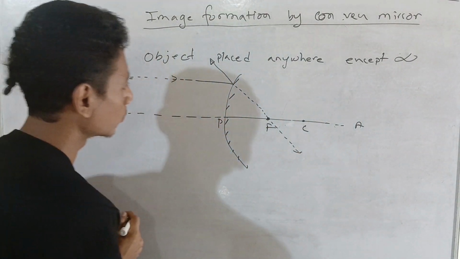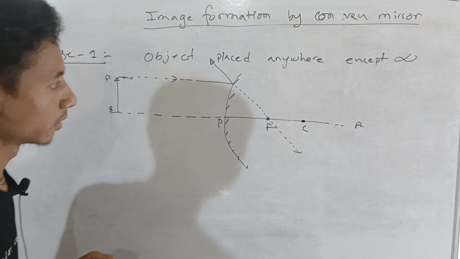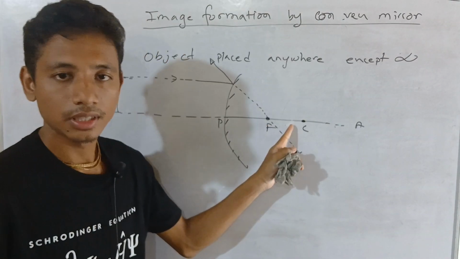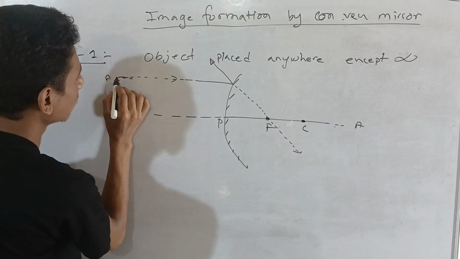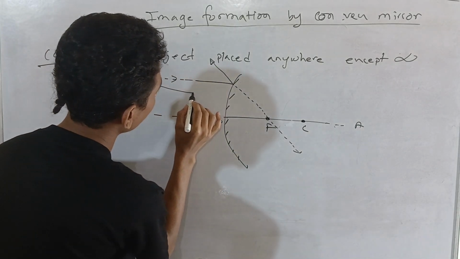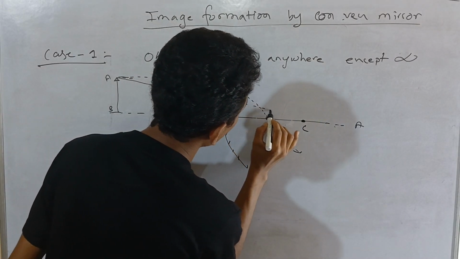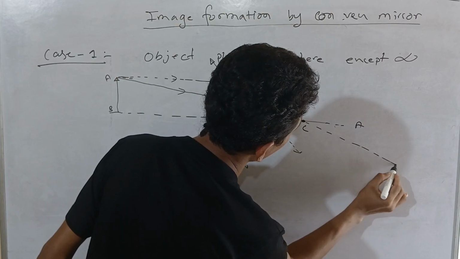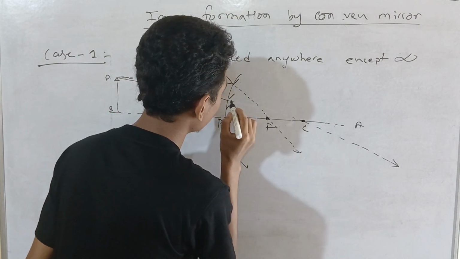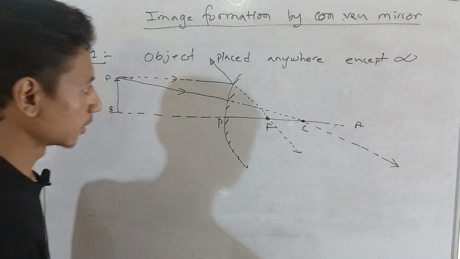Another ray we draw, directed toward the center point. Second ray we draw like that: the incident ray passing through the center point.